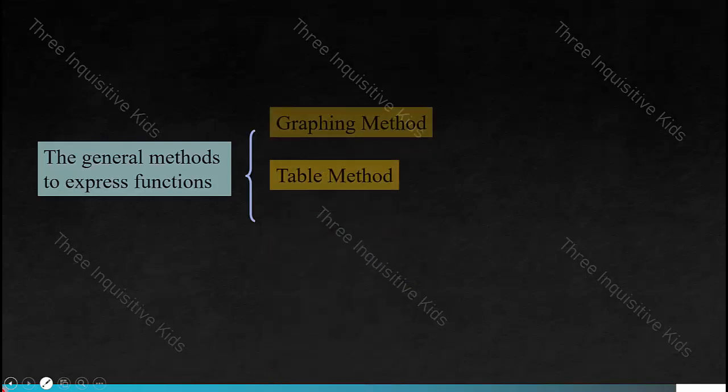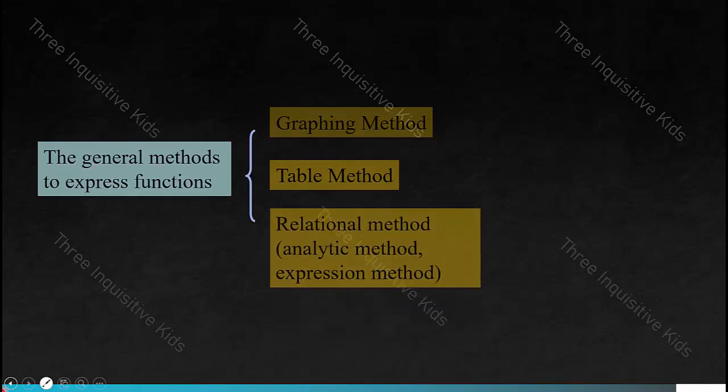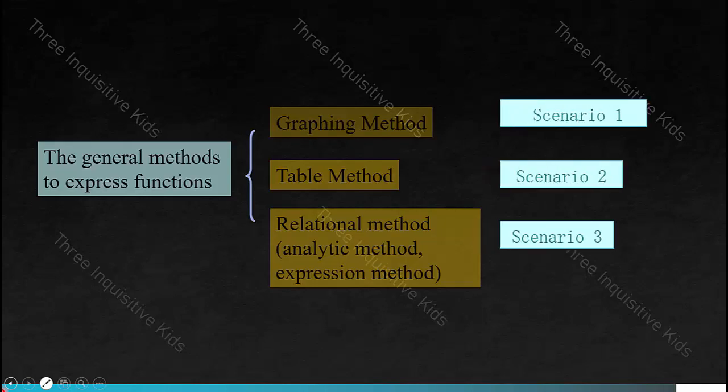So the general methods to express functions are the graphing method, which is what we looked at with the Ferris wheel, the table method, we used tables a lot, and also the relational method, otherwise called the analytic method or the expression method. So scenario 1, we used the graphing method when we graph the height of a point on the Ferris wheel on a graph.